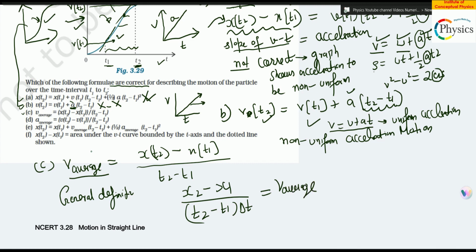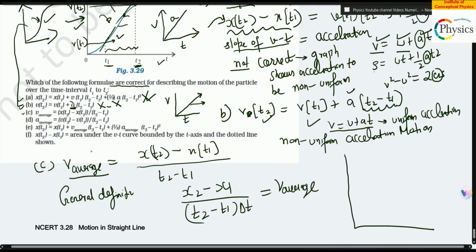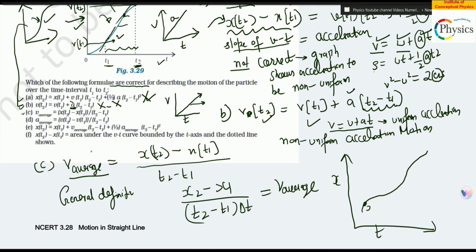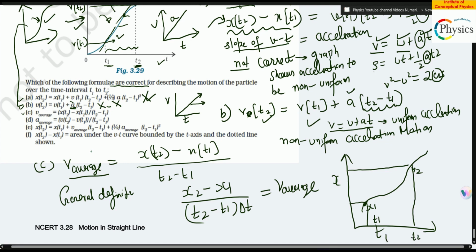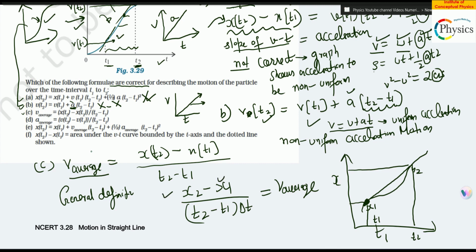The story behind V average is if you have a graph of X versus T, and maybe it is like this. We have not been given X versus T, but I'm just telling you, if this is your point X1 and this is your point X2, this is your point T1, this is your point T2, then the average is represented by the line joining these two, which is x2 minus x1.